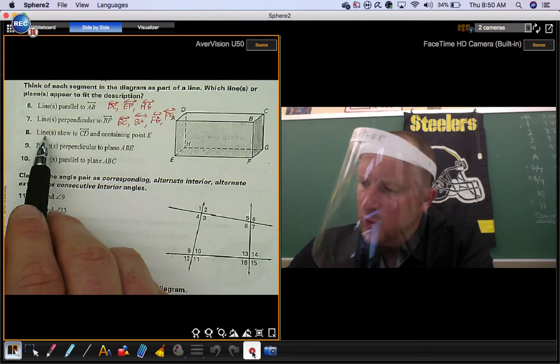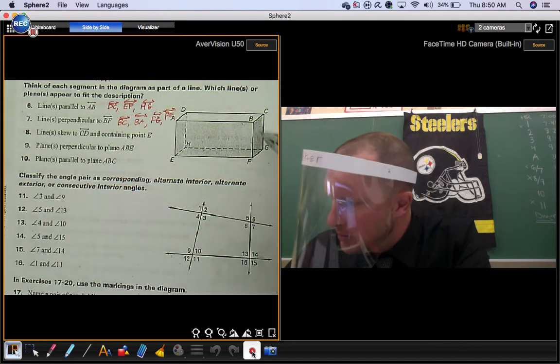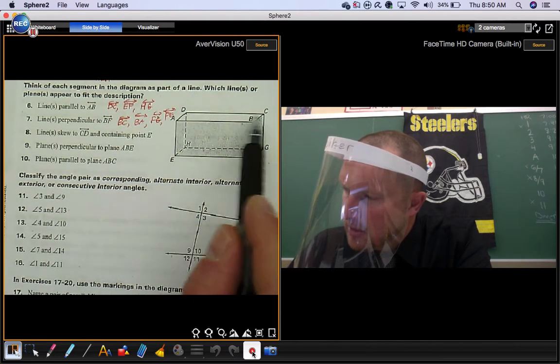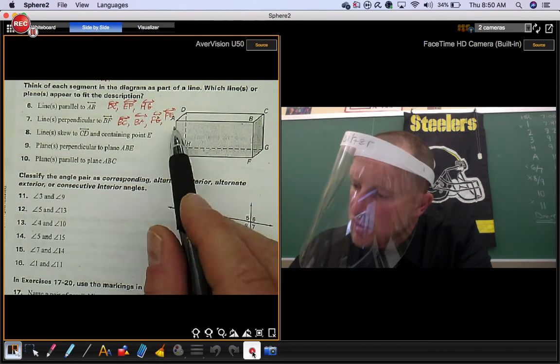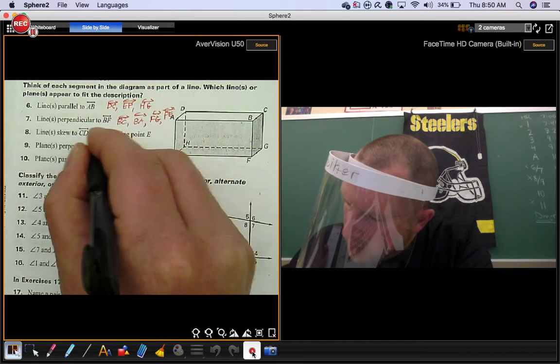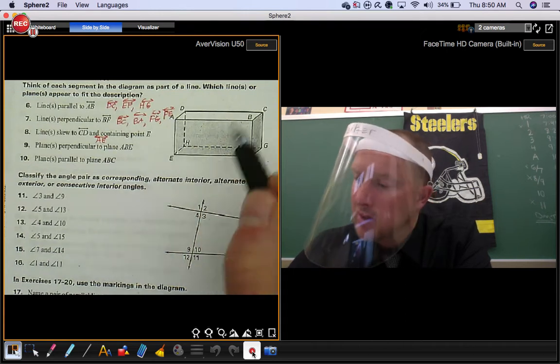Number 8, we're looking for lines, or a line, skew to line CD. So line CD is this guy back here, and contains the point E. So some lines that are skewed to it would be line AE. They're not in the same plane. They're not going to touch.